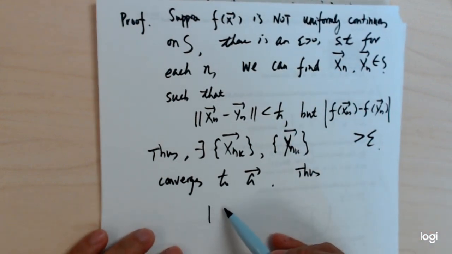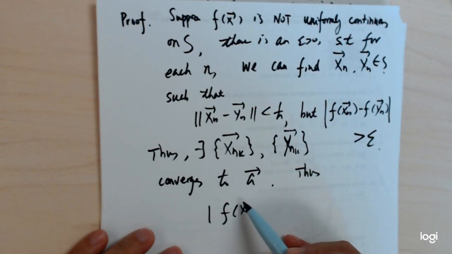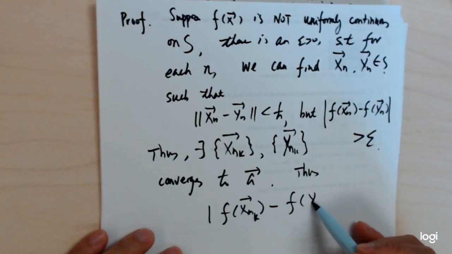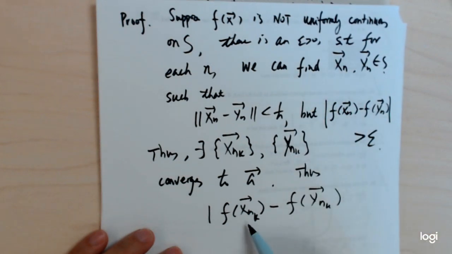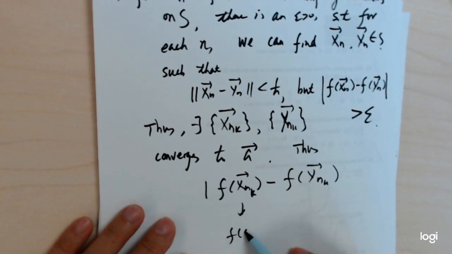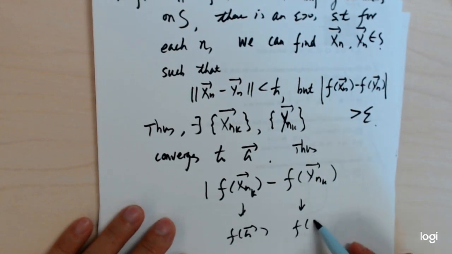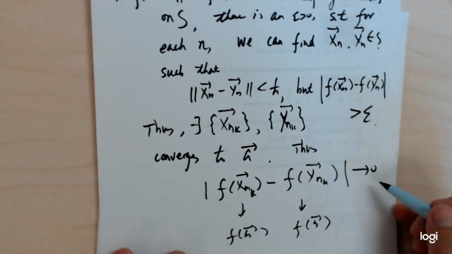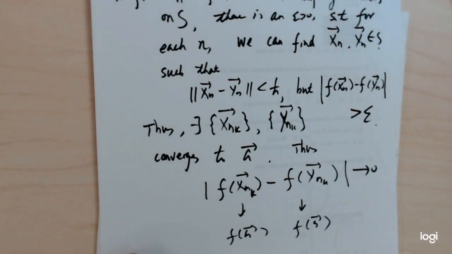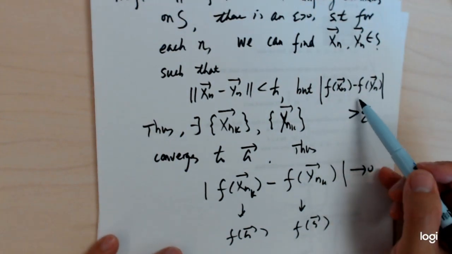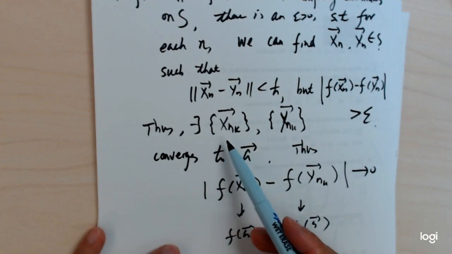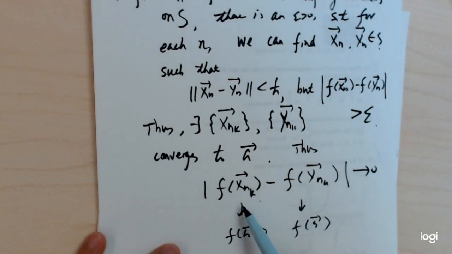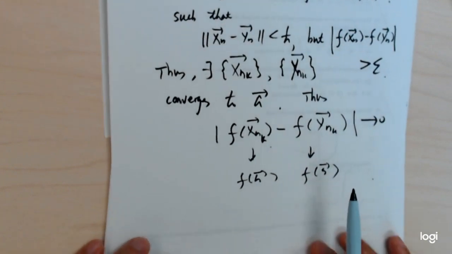Thus, you can easily calculate the function's value at x_nk and y_nk, because this goes to f of a, and this also goes to f of a. So the limit of the difference goes to 0, and that's a contradiction. Up here you are saying the difference is bigger than epsilon, but in reality, the fact that it is continuous on a compact set leads to this conclusion. So that's a contradiction.